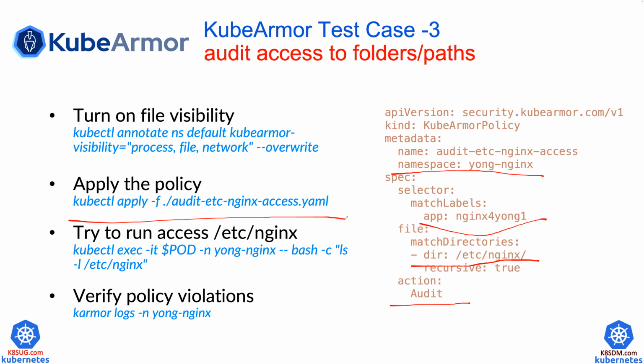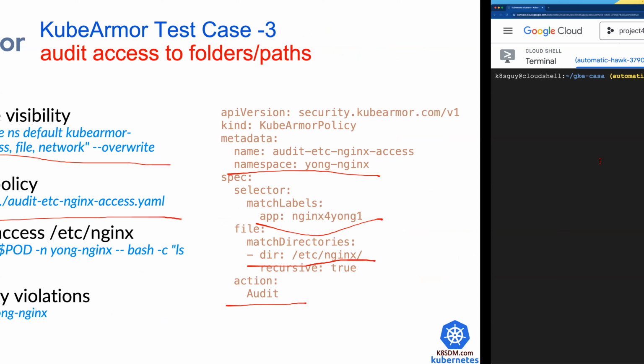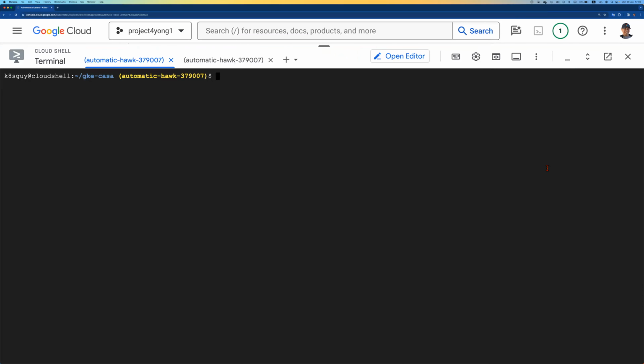But before you do that, make sure you turn on the visibility, because by default, KubeArmor is not going to audit the file access. So once you turn on visibility and enable the policy, you will see all the activities from the audit log. So let me switch to the web console. First of all, I'm going to turn on the file visibility.